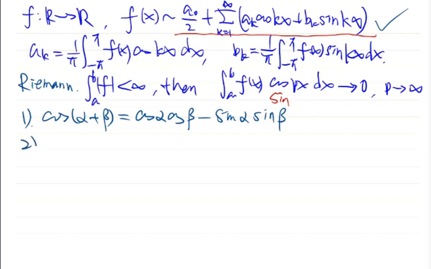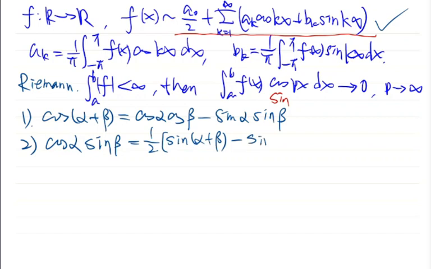And the second formula we need is cosine alpha sine beta equals half of sine(alpha plus beta) minus sine(alpha minus beta). Okay, we will use these two formulas.